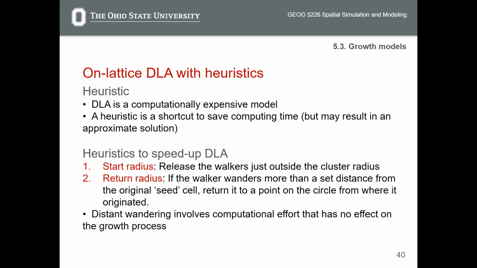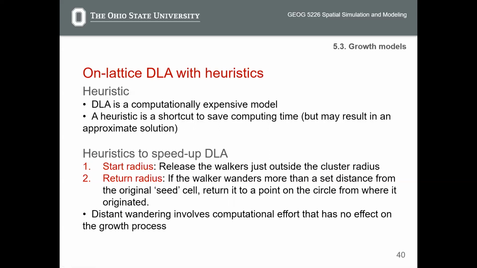So back in the 1970s or even 60s, when computers were not that strong and not that cheap, people didn't have the resources to implement this model. So DLA is actually computationally expensive.